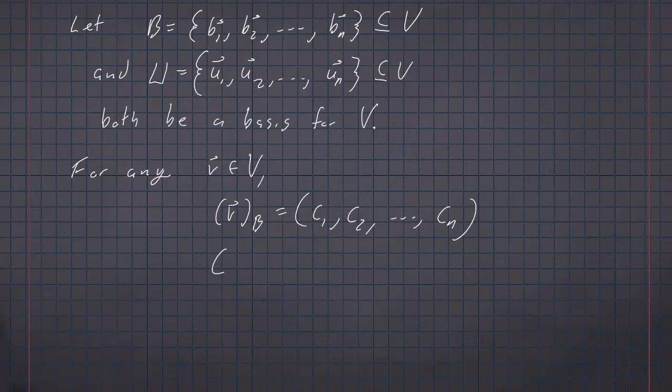We can also write that vector V relative to basis U using a different ordered n-tuple. Let's call it K1 through to Kn.